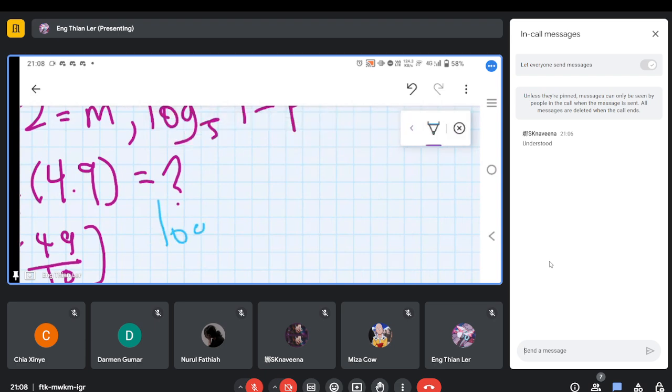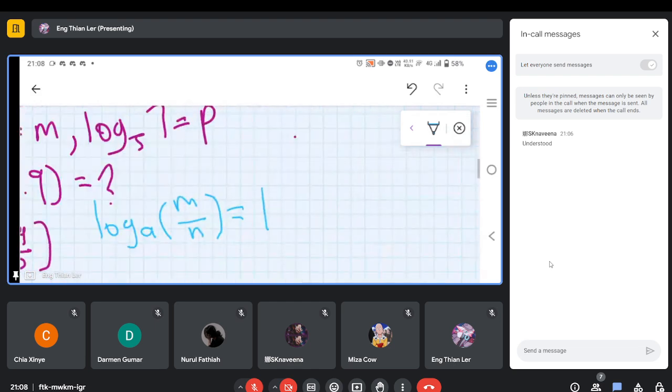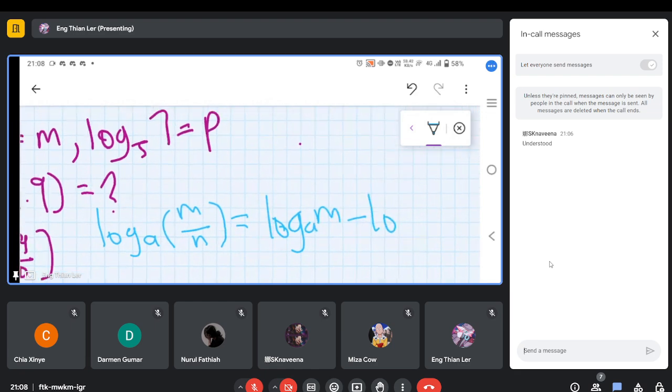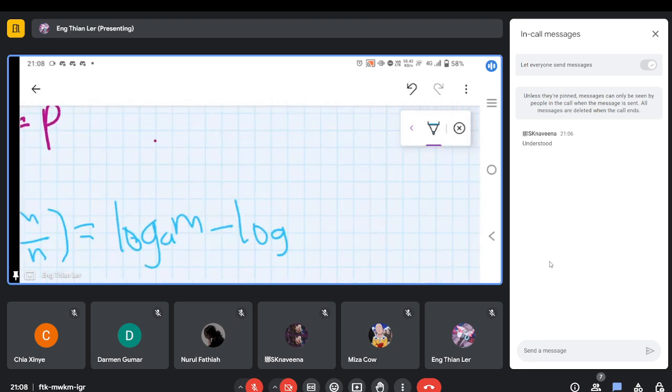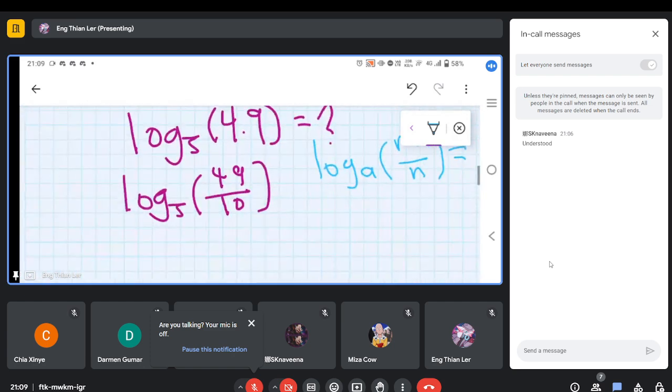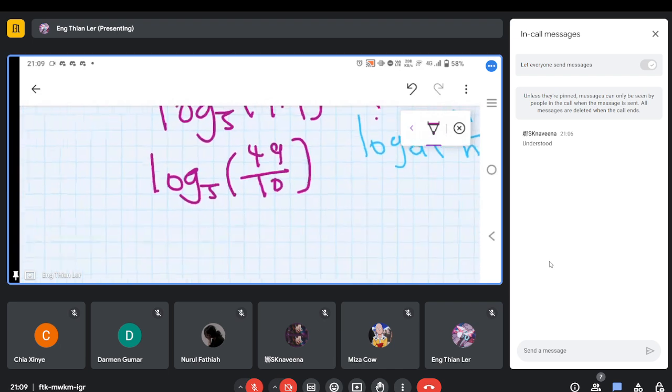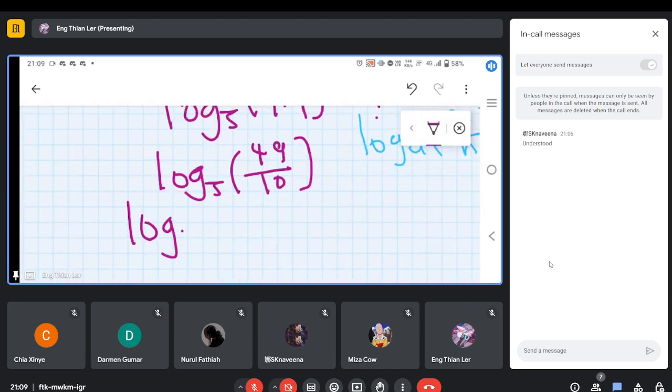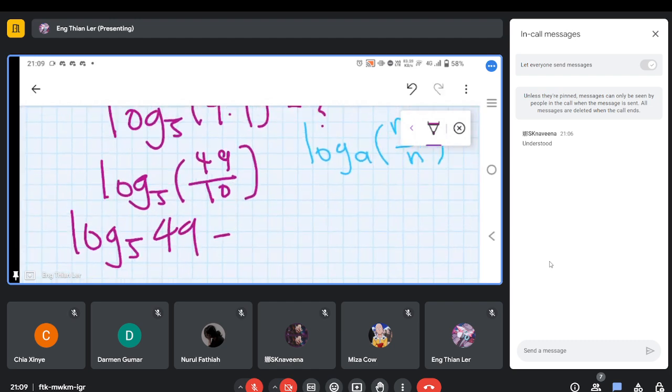So now, based on the law of logarithm, log base A of M over N equals log M base A minus log N base A. So by this we write this as log 49 base 5 minus log 10 base 5.